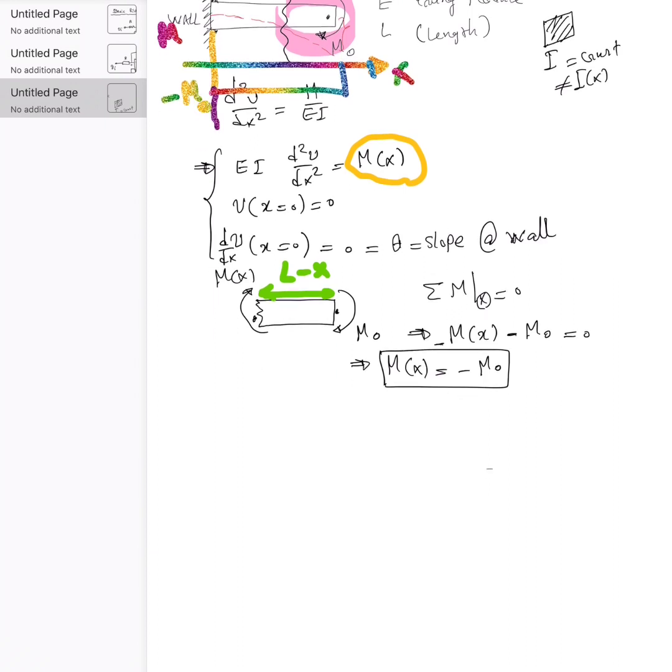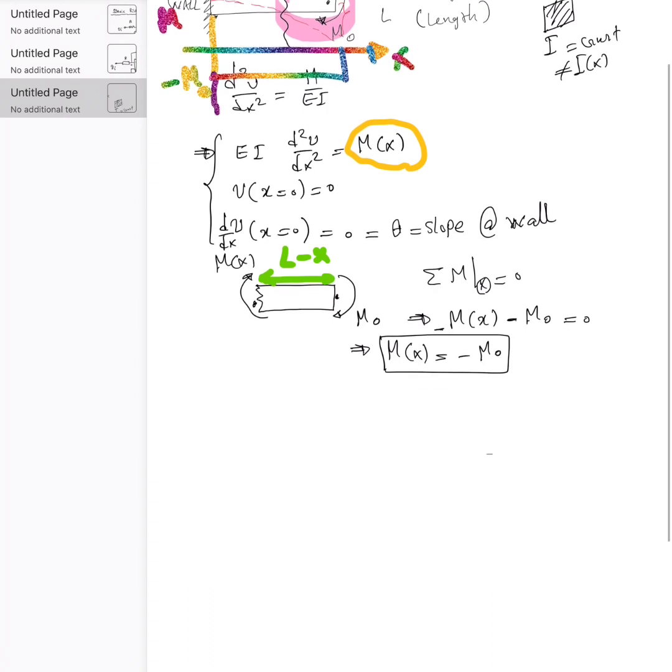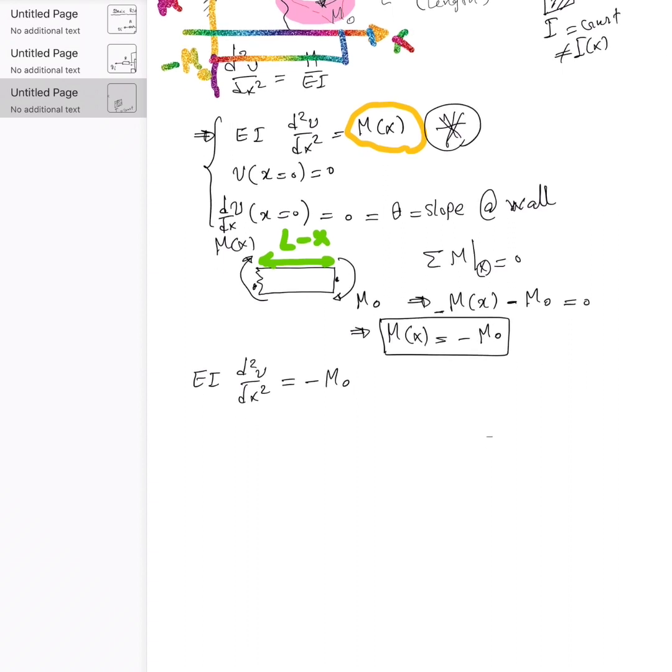So let's go ahead and plug this negative M0 into this equation that I'm showing with a star. So I have EI second derivative of v with respect to x is equal to negative M0. Go ahead and do the first integration. You get EI dv/dx is equal to negative M0 x plus the first constant of integration, C1.